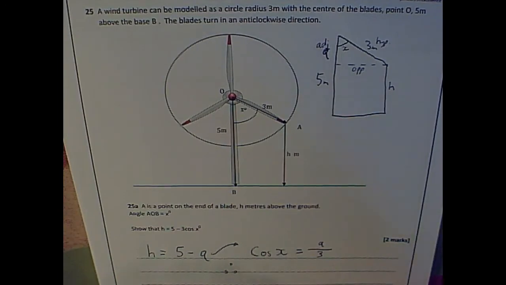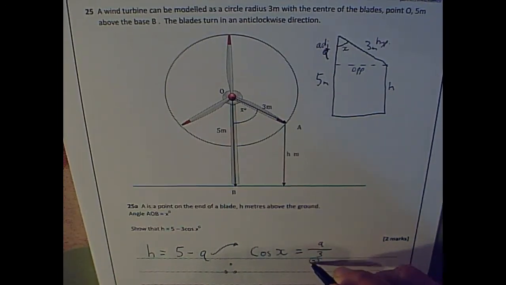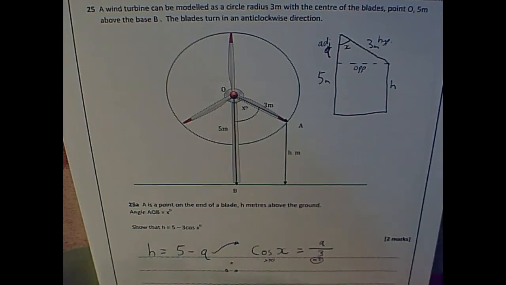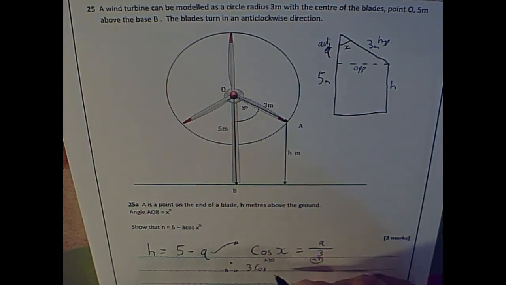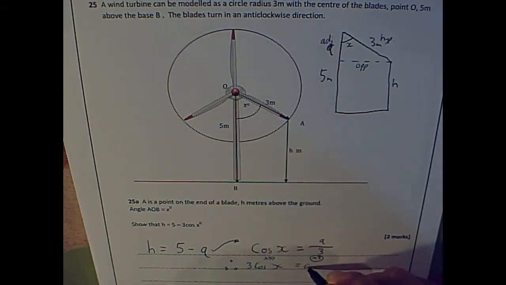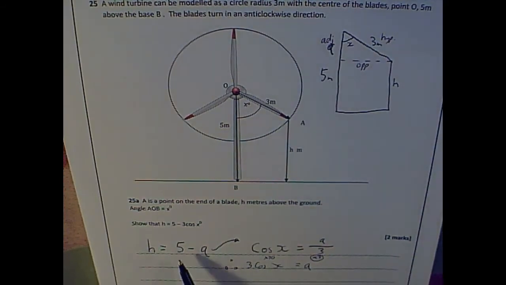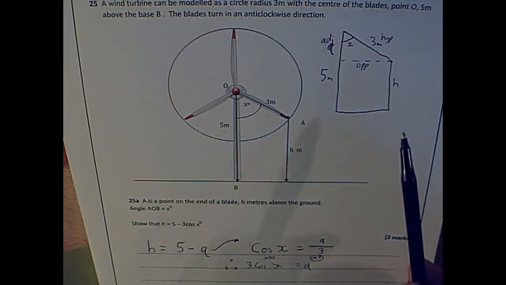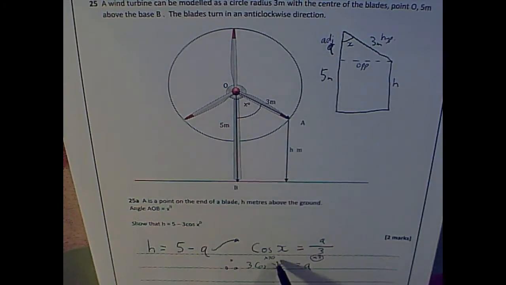Therefore, if I times both by 3, 3 cos x equals Q. And I've already said that h is 5 minus that Q, and I've now worked out an expression for that Q, which is to do with cos x.